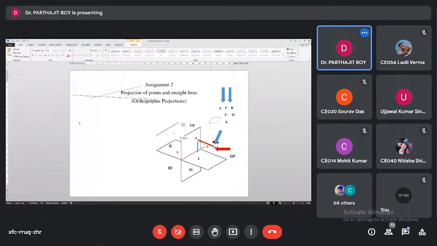Okay. So this is our reference line that I have copied from there. Correct?